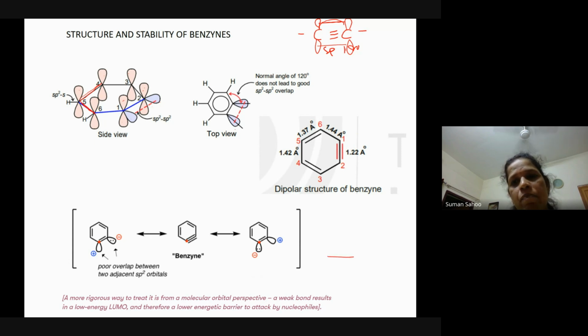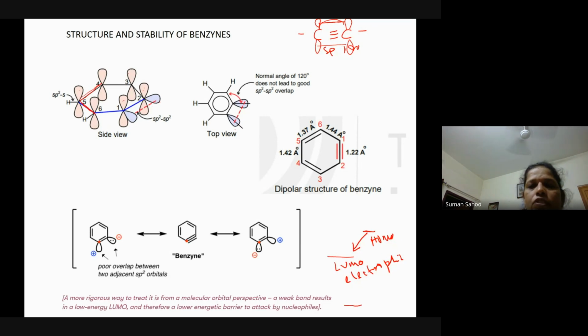This is not very stable, and having a very low energy LUMO means a lower energy barrier for the HOMO of the nucleophile to attack it. So it is the LUMO of your benzyne intermediate, and the nucleophile HOMO is very near to it, so it can attack it. That's why this acts as an electrophile. For it to act as a nucleophile, its HOMO is very far down, so it acts as an electrophile.